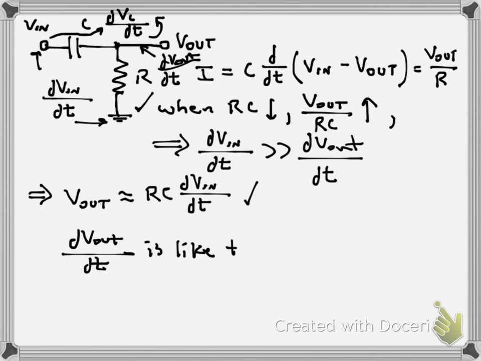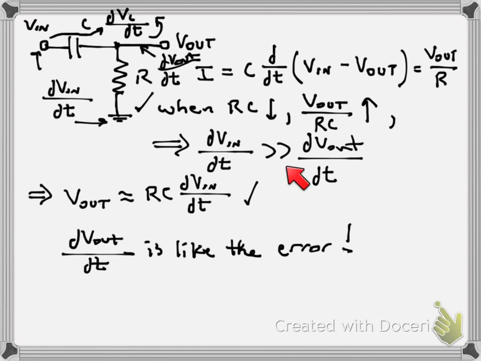So now, if this is true, that dV in dt is much greater than dV out dt, then the dV out dt is kind of like the error, right? dV in dt is this whole rate of change of the voltage across the whole circuit, which is equal to the dV cap dt plus the dV resistor dt, or dV out dt across the resistor.